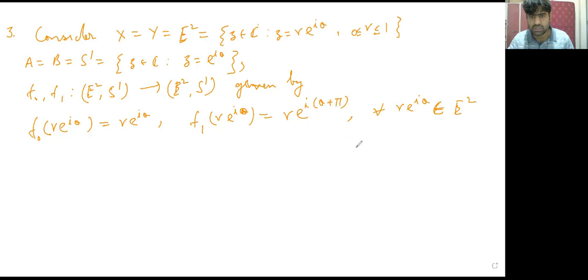So if you consider this E2, right, so if you take a point here, its image under F1 will be here, right? So if this is X, then this is F1X, and F0 is identity.